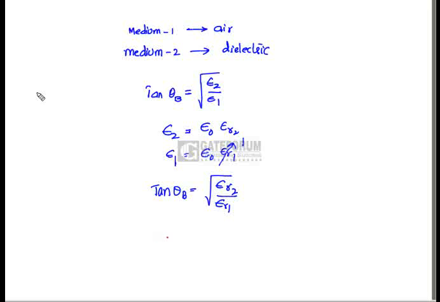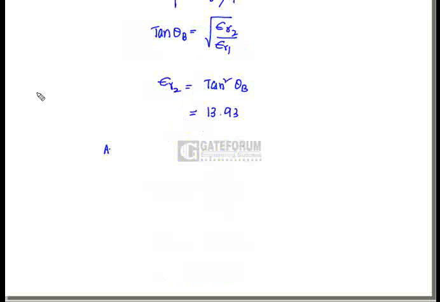From this, we can calculate epsilon R2 as tan square of the Brewster angle, which is 13.93, answer D.